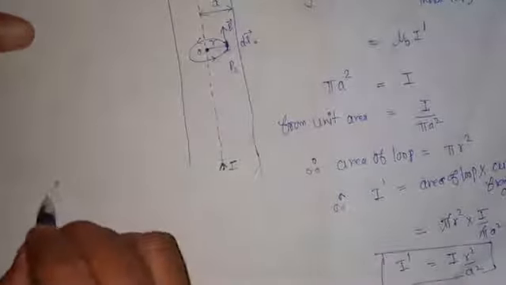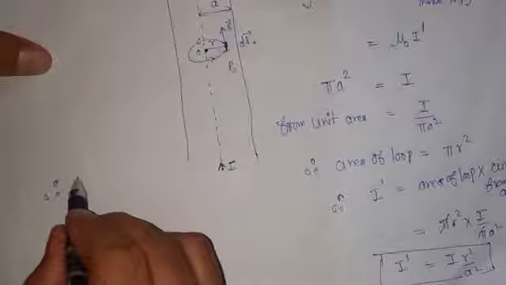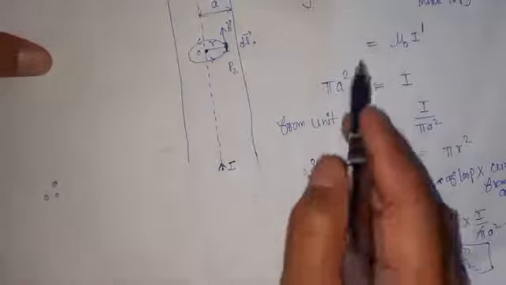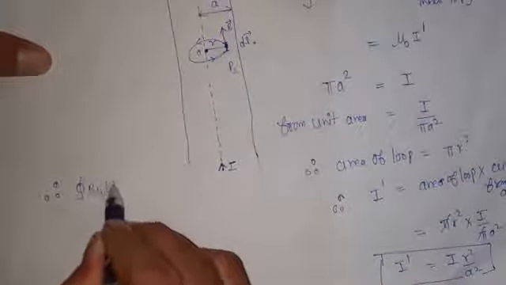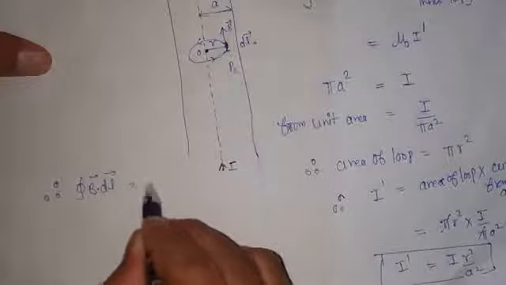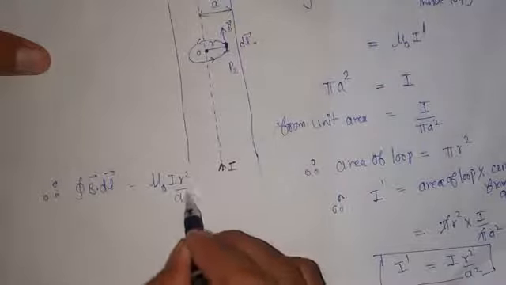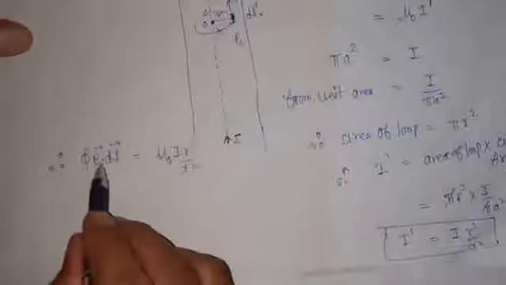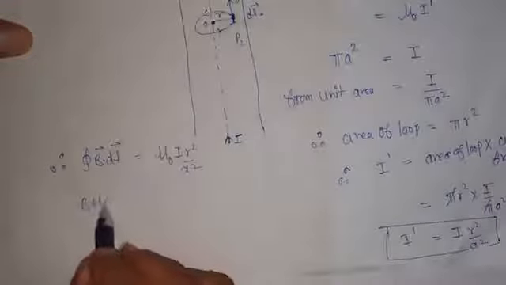Therefore, what will be the magnetic field at this point P2? So we are going to mention this one, as it is said that the line integral of the magnetic field on a closed loop is equal to mu naught I dash. I dash we got as I r square by a square. Okay, so over here, in scalar form, it is B dl cos theta.